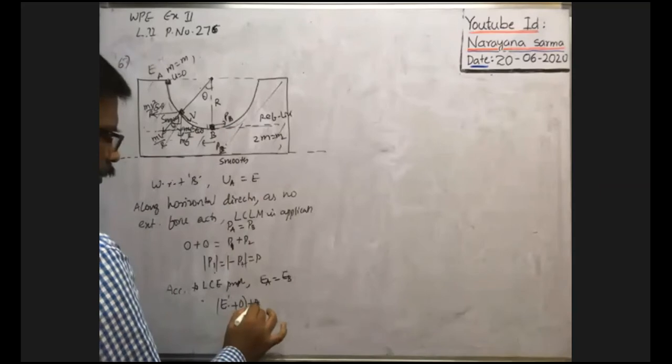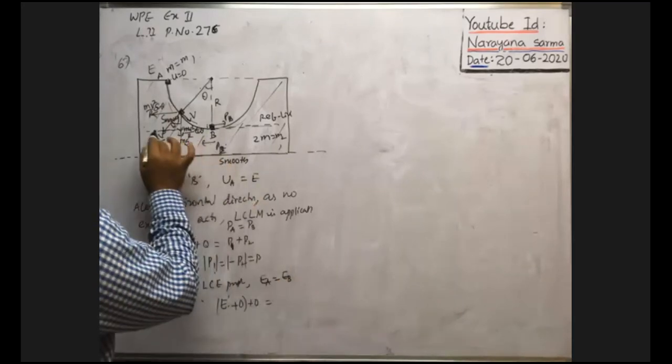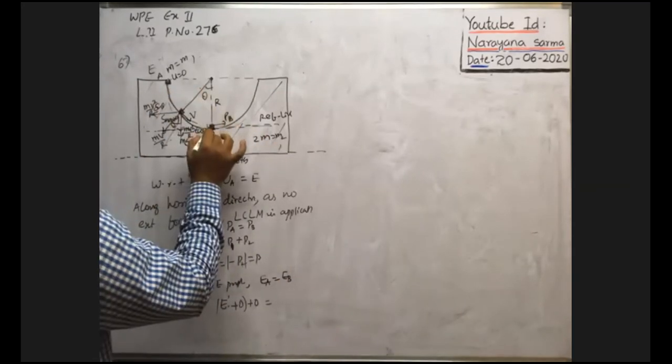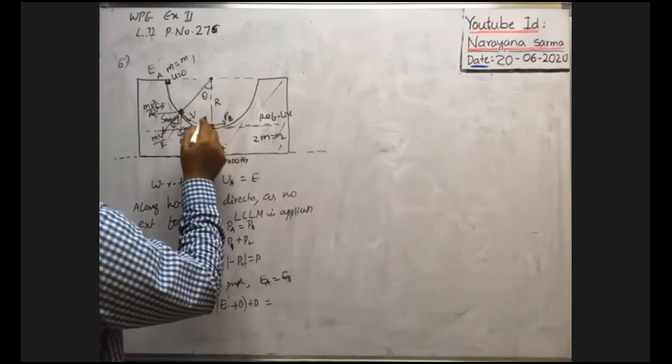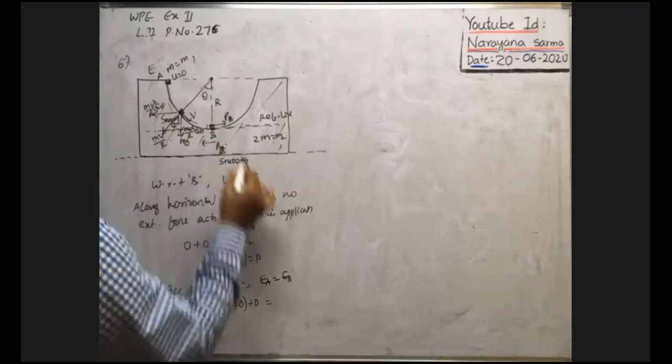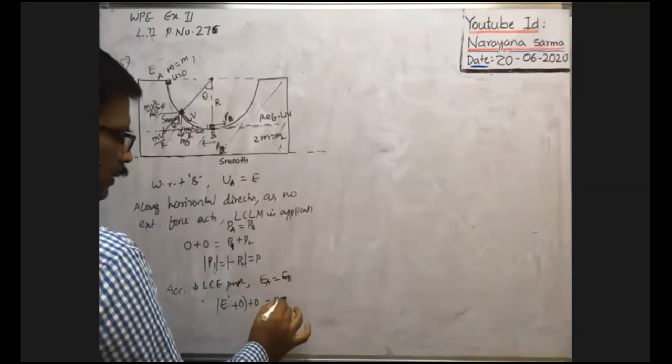That's why 0, 0 is equal to, whenever the body comes to this position, the potential energy with respect to the reference line of this body is 0, and of the wedge is also 0, because along the vertical direction there is no change in the position of the wedge. That's why 0 plus kinetic energy.